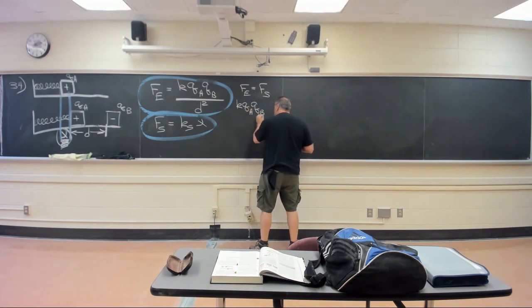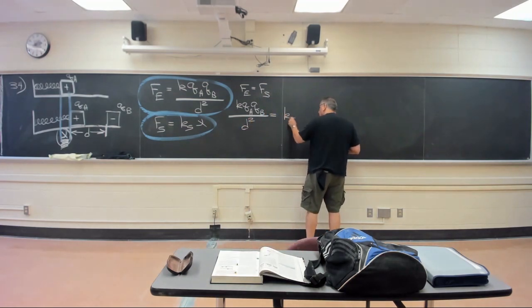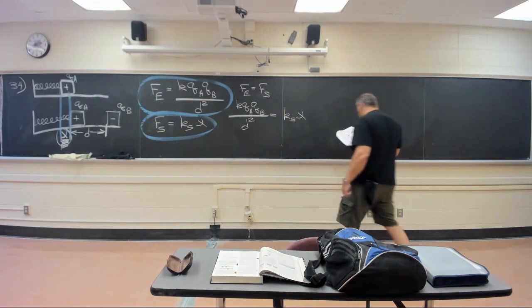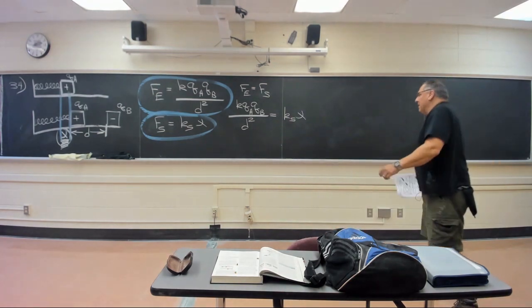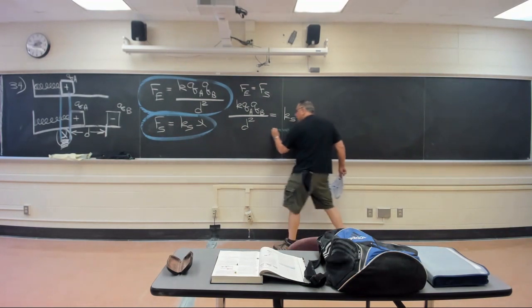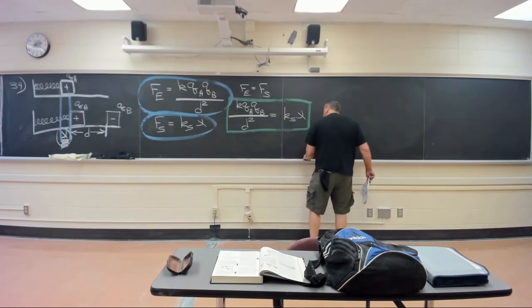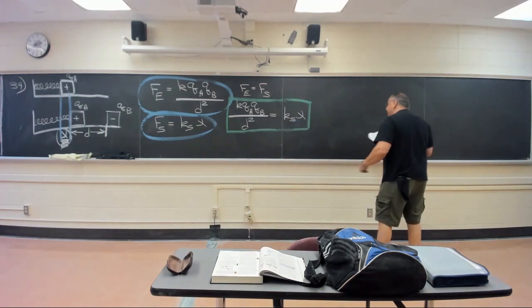K QA QB equals Ks X D squared. And we got that. That's it. I mean, that's the hardest part of the problem, guys. Once you take it to here, the rest is going to be algebra for us. We got to find what X is.